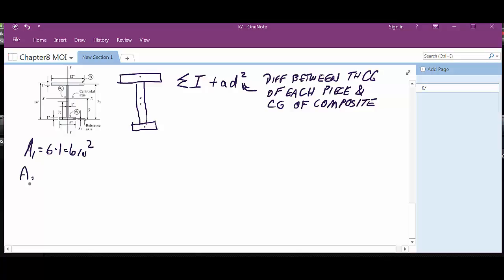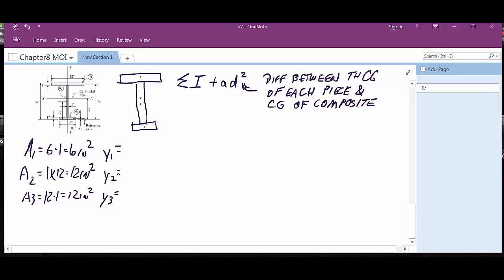The area of 2 is going to be what? 1 by 12. Thank you. So 12 square inches. And area 3 is 12 by 1. Base times the height. 12 square inches. Then we have to have the Y for 1, Y for 2, Y for 3.